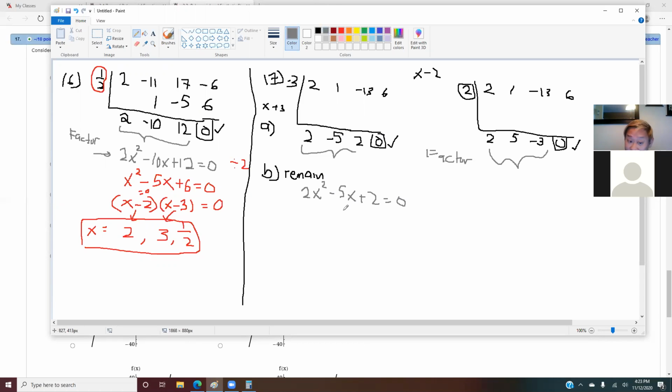Now, this factor is not as easy. You cannot divide by 2 like what we did last time because 5 cannot divide by 2. So you have to do this. The quadratic. You can use quadratic or you can actually factor straightforward. Oh, you can? Yes, you can. And I can tell you that one of these answers is him.